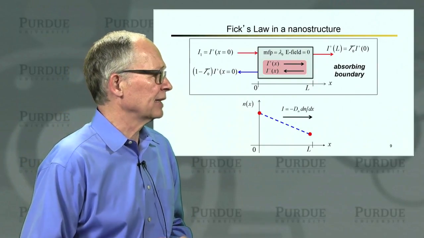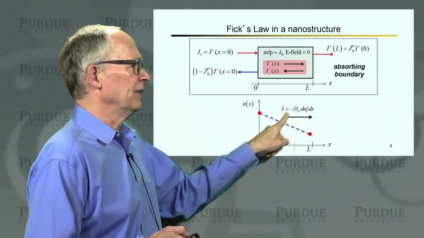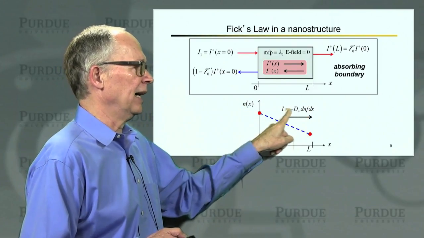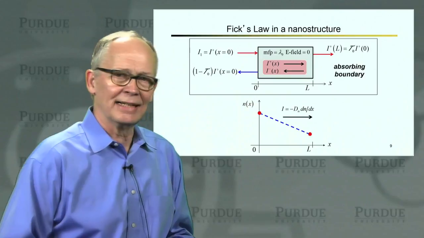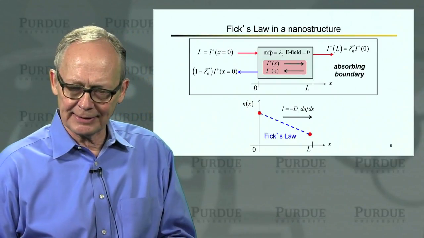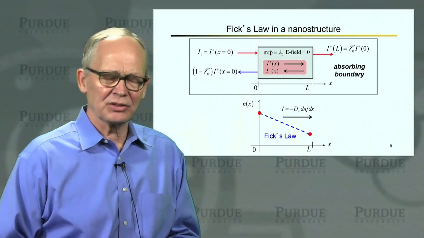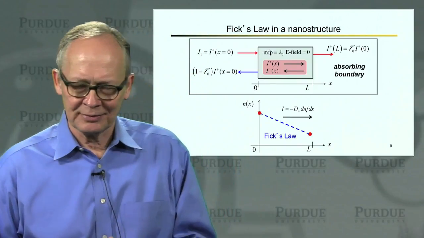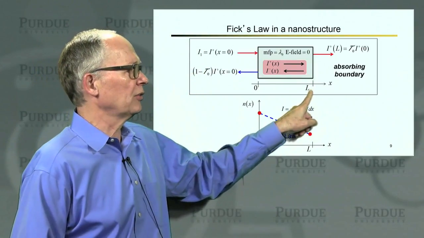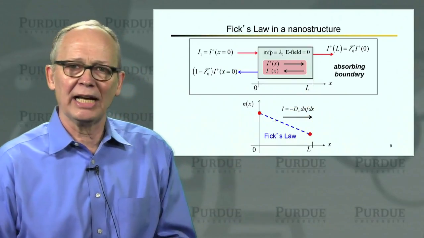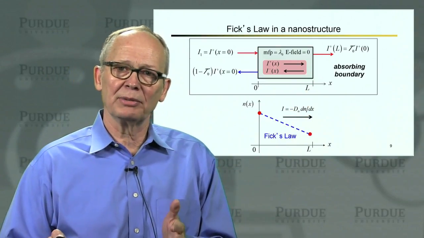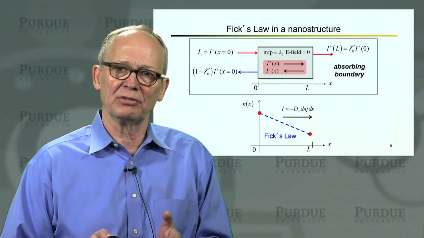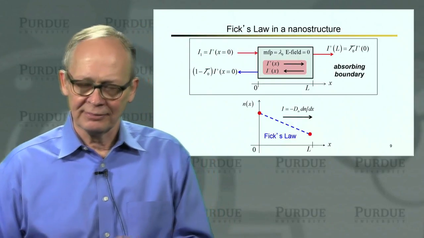Now this is quite interesting. We now know that the net current is minus diffusion coefficient times the gradient of the particle density. This is Fick's law. And this might not surprise you, but it should, because we have made no assumption about whether the slab is long compared to a mean free path, or short compared to a mean free path, or in between.